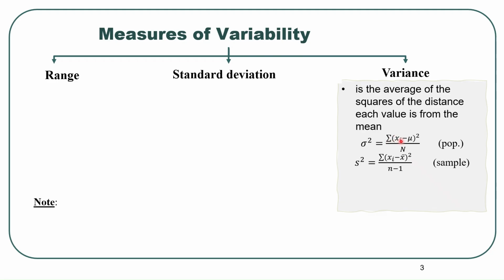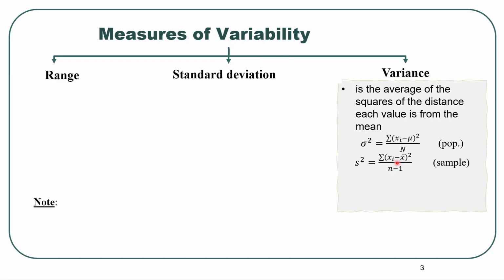The sum of square distances each observation is from the population mean over the total number of observations in my population. For the sample variance, it is calculated as the sum of the square distances each observation is from the sample mean divided over how many elements I do have in my sample minus 1.